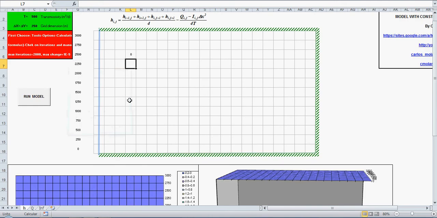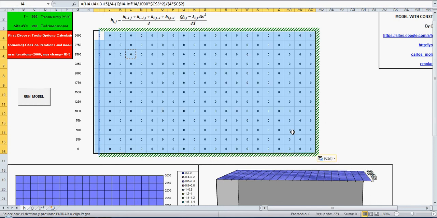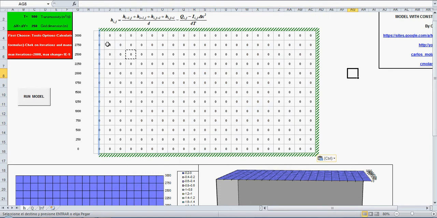Now we can copy our cell equation into the entire flow domain, and let's continue with the constant head boundary.